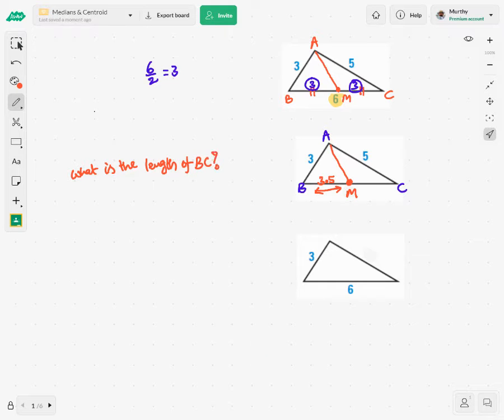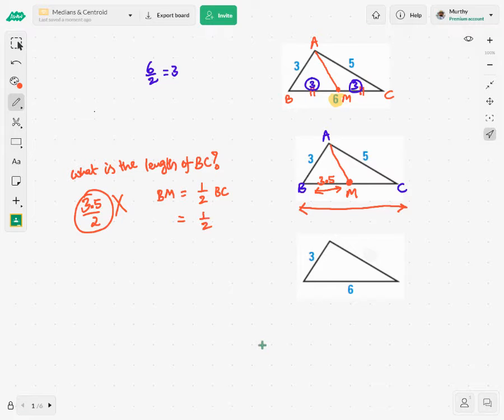Every time, don't think that it is the whole length divided by 2. If you are thinking this one is 3.5 over 2, this is not the right thinking. Here, please notice that the length of BM is half of the whole length. Whole length means all the way from B to C. So BM equals half of BC.